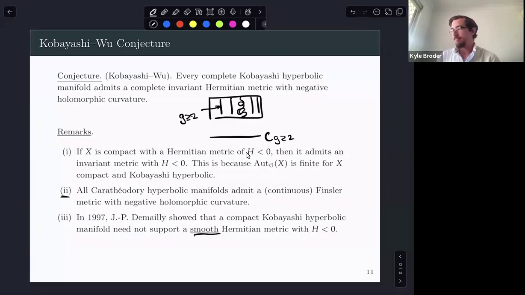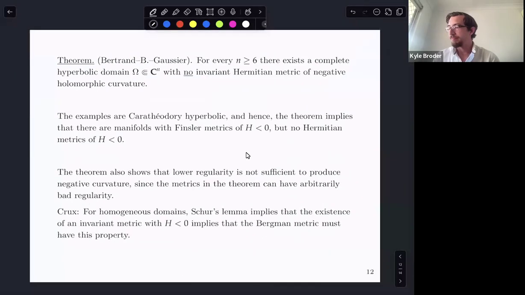But I think we've seen the title of the talk, and it turns out that that is certainly not the case. And that's the following theorem. For every n greater than or equal to 6, there is a complete hyperbolic domain in C^n, so a bounded domain in C^n, that has no invariant metric of negative holomorphic curvature.